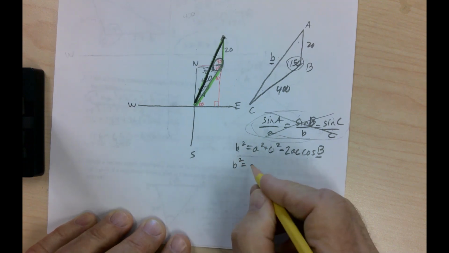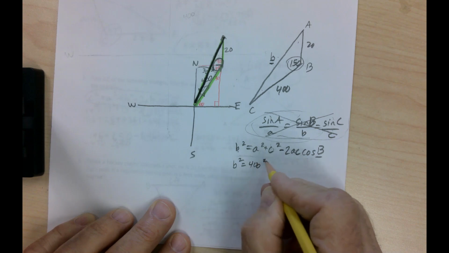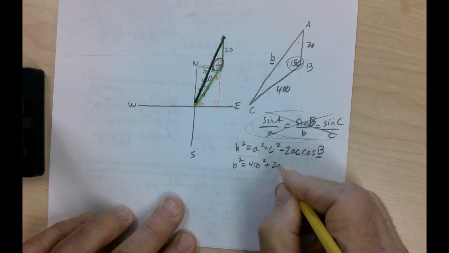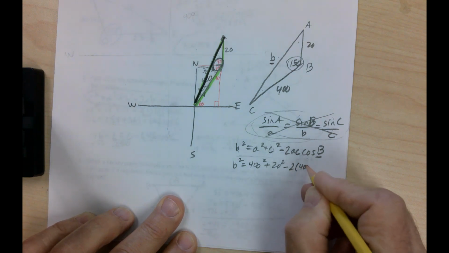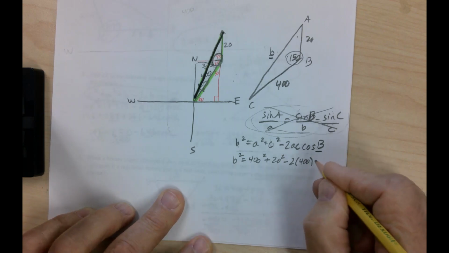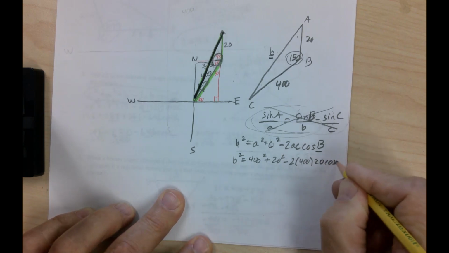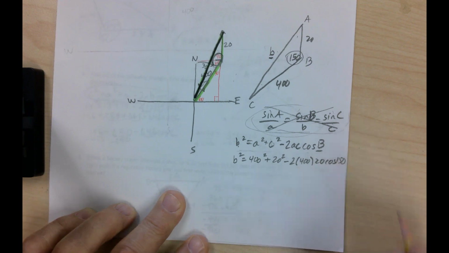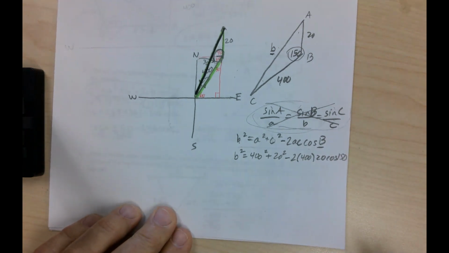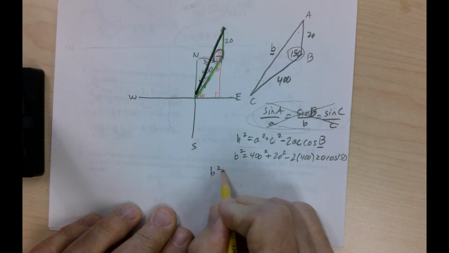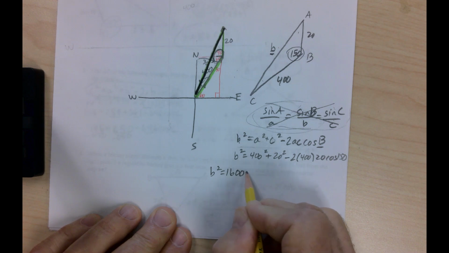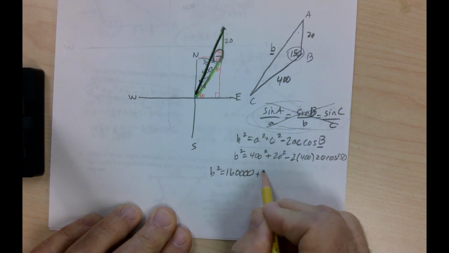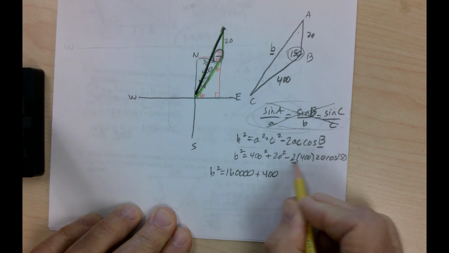So B squared equals A squared plus C squared minus 2, don't screw up, A C cosine of 150. And now I'm just going to condense things. B squared equals 160,000 plus 400. This is 800.